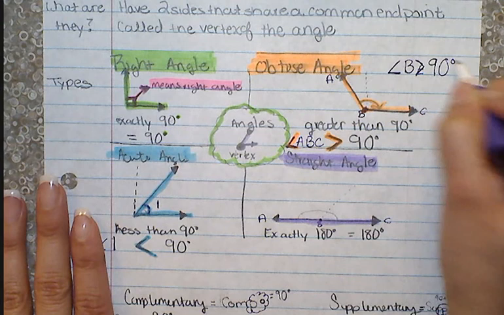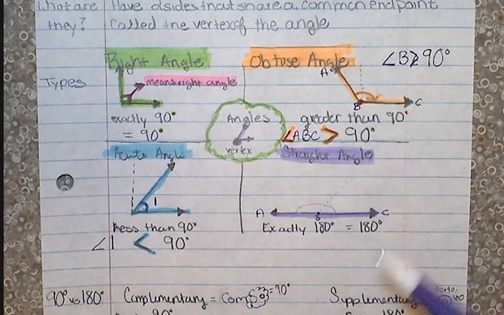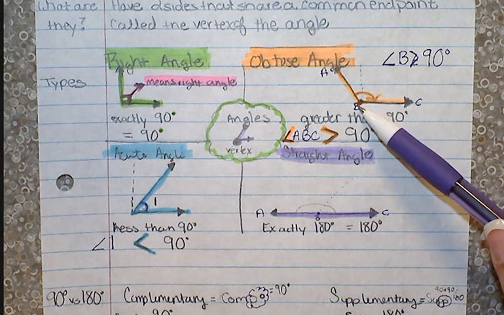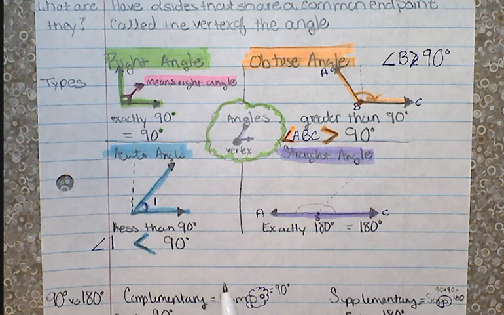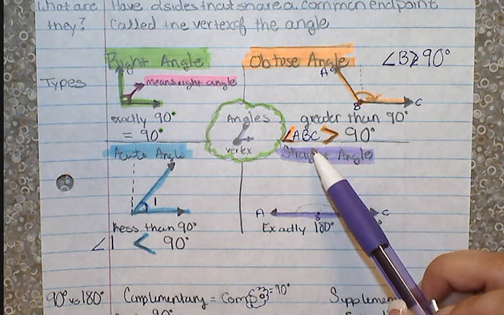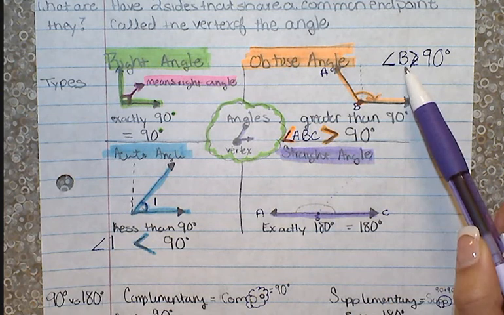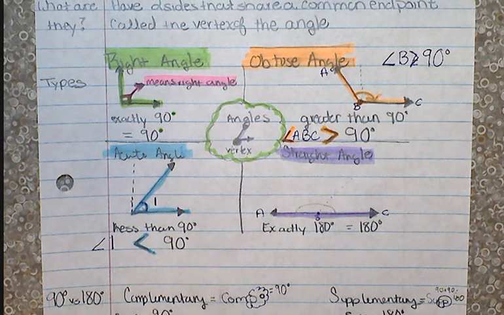So there are 3 ways to name an angle: with 3 letters, A, B, C; with just the vertex, angle B; or with a number. How many ways can you name an angle? 3. What is one way? Letters. How many letters? 3. Or? Numbers. And the last way is? Numbers. Okay.